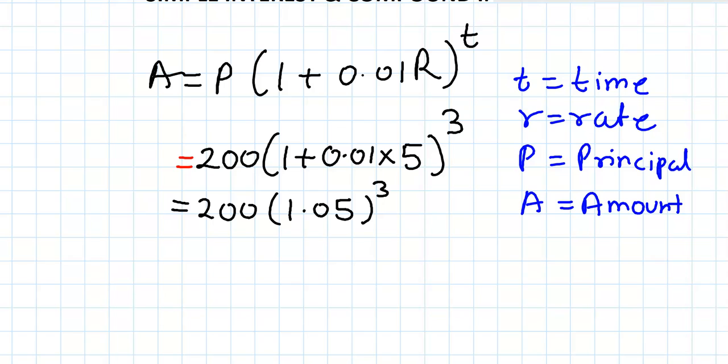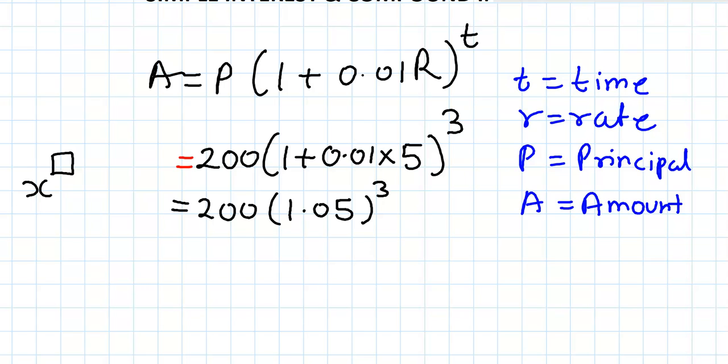Now what you need to do is pick up your calculator. Type 200, then the times sign, then put a bracket exactly like this, 1.05 to the power, and you can choose this power option on your calculator. So write power 3.